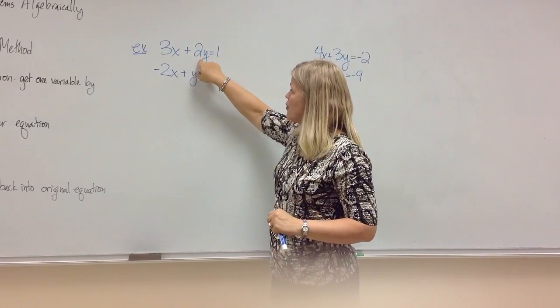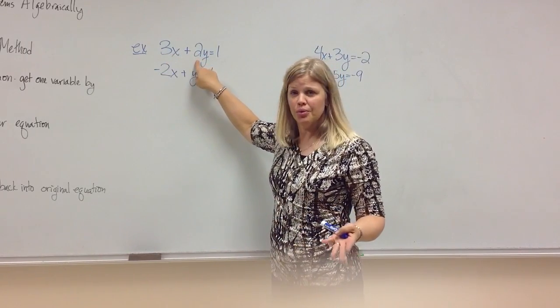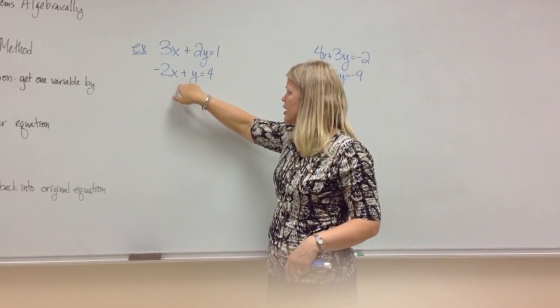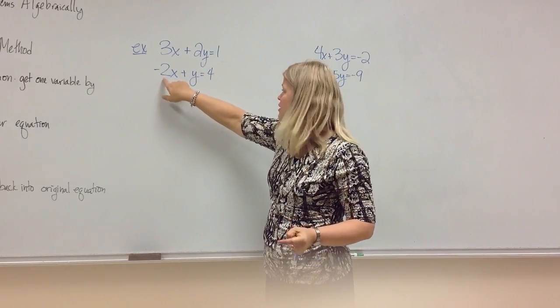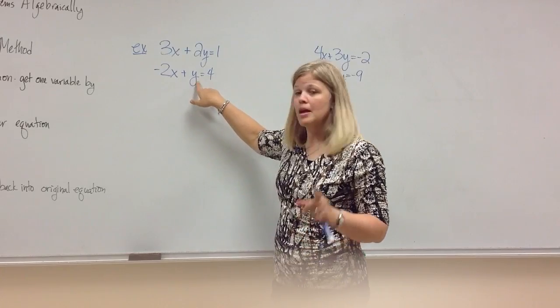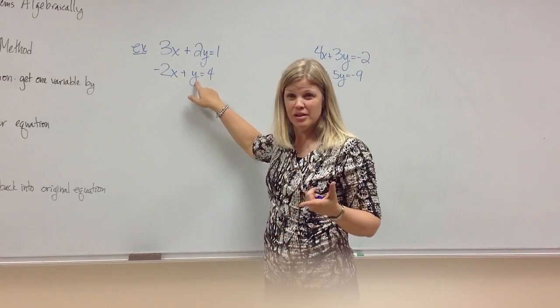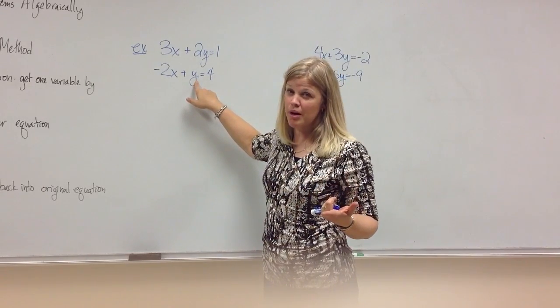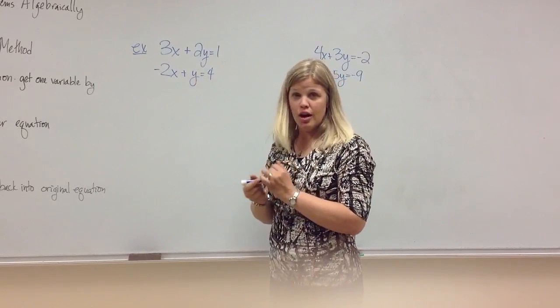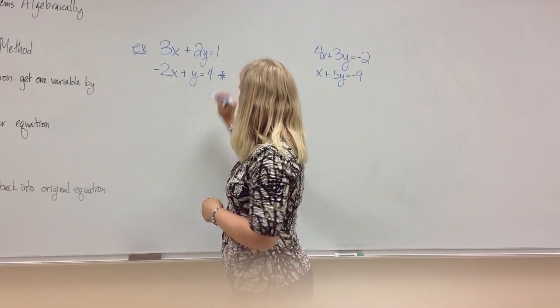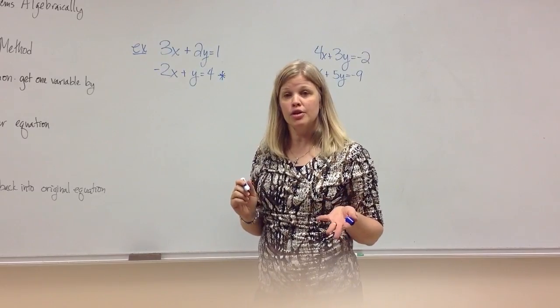If we solve for y, we'd have to get rid of the 3x and the 2. Down here, if you were solving for x, you'd have to get rid of the negative 2 and the y. But notice, y looks pretty simple, right? It almost seems all by itself. Let's try to solve that one. So I'm going to star it, because that's my starting place or my original.